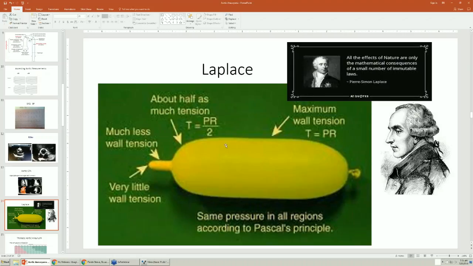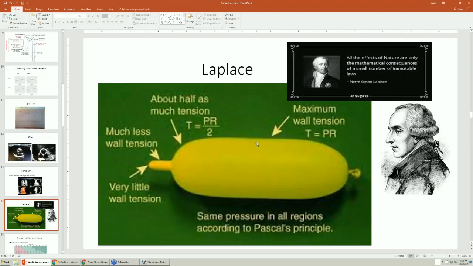And wall tension is basically what's supporting the fact that this might rupture at some point when it reaches a critical radius. You can see on a cylinder, there's a different effect than on a sphere, because on a sphere, it's about half of the wall tension that there is on a cylinder.